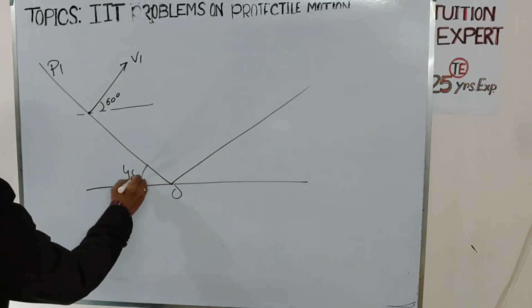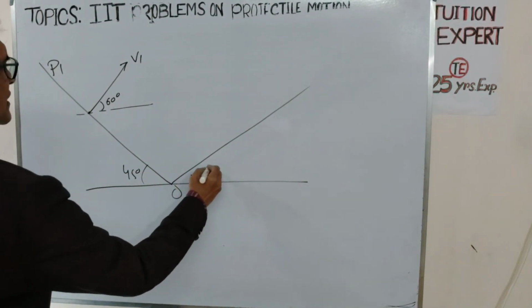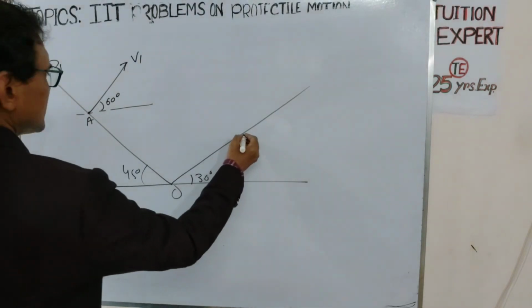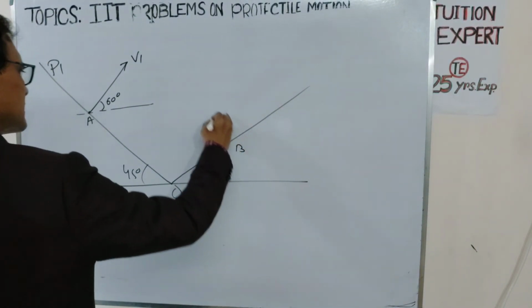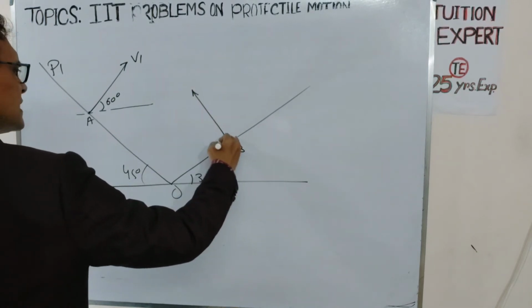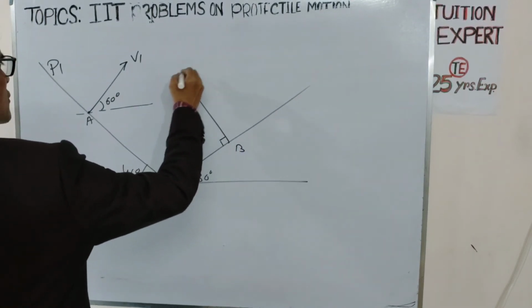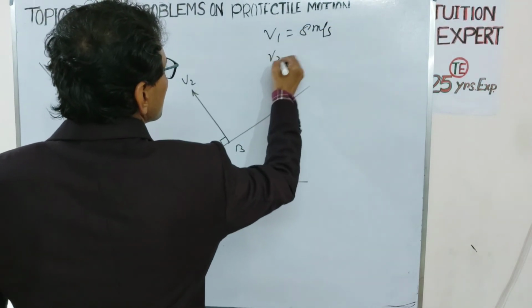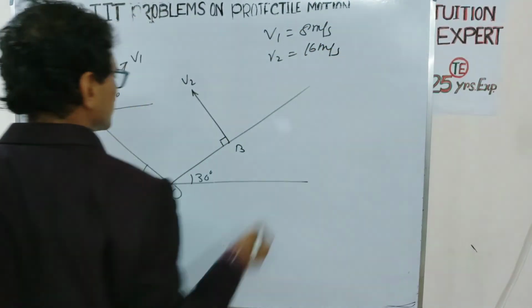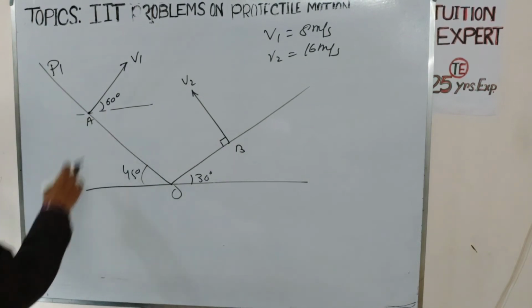This is 45 degree and this is 30 degree. Then this is A point, this is B point, this is projected with 90 degree. Given V1 equal to 8 meter per second, V2 equal to 60 meter per second. Okay, this is 90 degree, 60 degree.